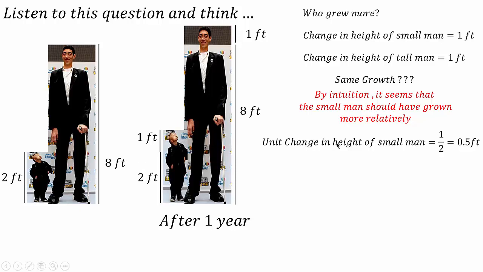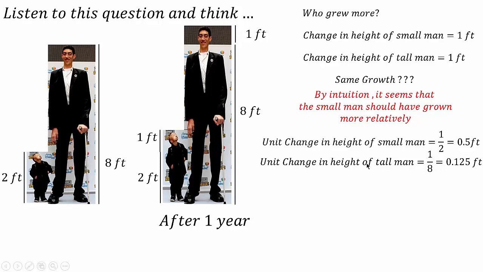So the unit change in height of the small man will be the overall change divided by his original height, that is 2 feet. So for each 1 foot of height, he is growing by 0.5 feet. Similarly, for the tall person, for each 1 foot he is growing 1/8 feet, that is 0.125 feet.